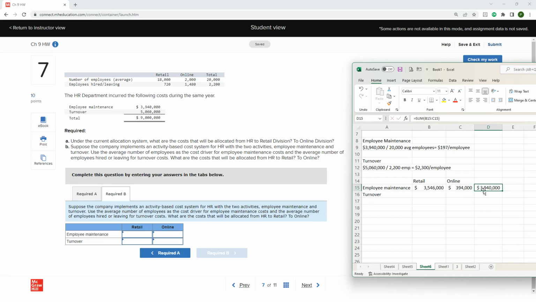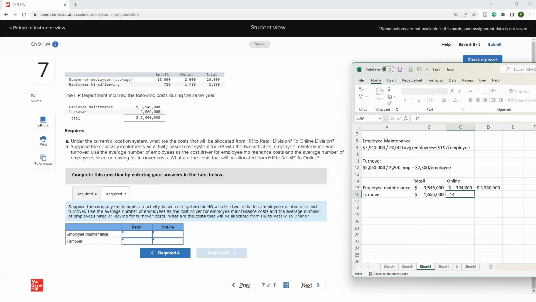And then for turnover, we'll do the same thing. We calculated a rate of $2,300. The question tells us that the retail division had about 720 employees that were hired or fired. That's 1,656,000. And the online division had 1,480 employees that were either hired or fired, for a total of 3,404,000.